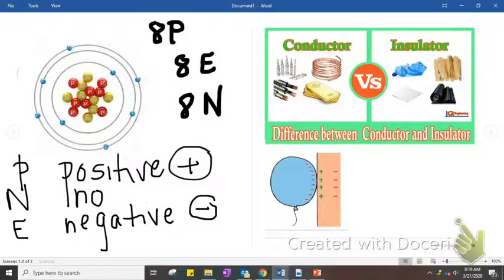So you might have noticed how things can attract or repel each other. I'll give you an example. On a dry, staticky day in the middle of winter, when your heat is blasting in your house, sometimes your hair seems to grow and each strand of hair seems to repel each other.